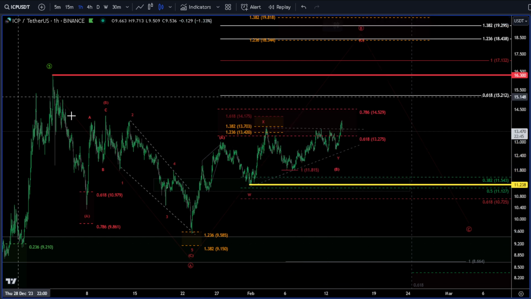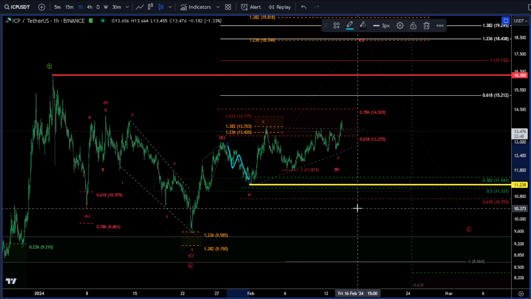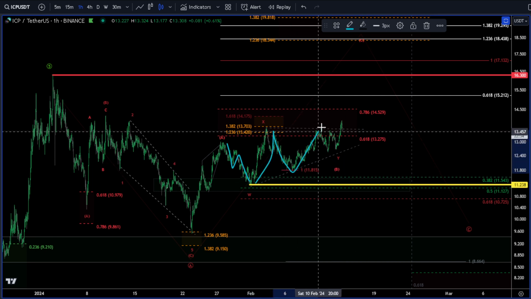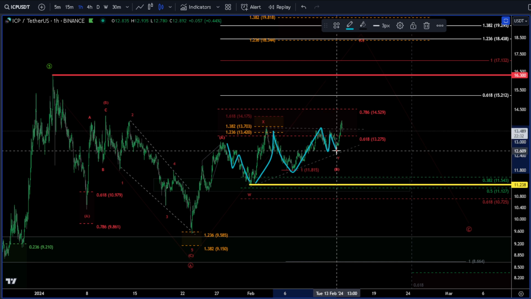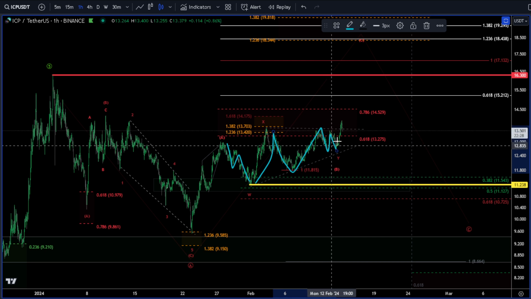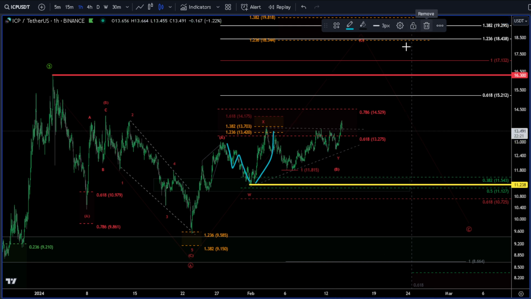This would most likely be a zigzag here. We get our X wave and a triangle for our Y. Now that one would fit, although I don't love this wave right here. It looks impulsive right here, but I can be proven wrong as it not being impulsive.